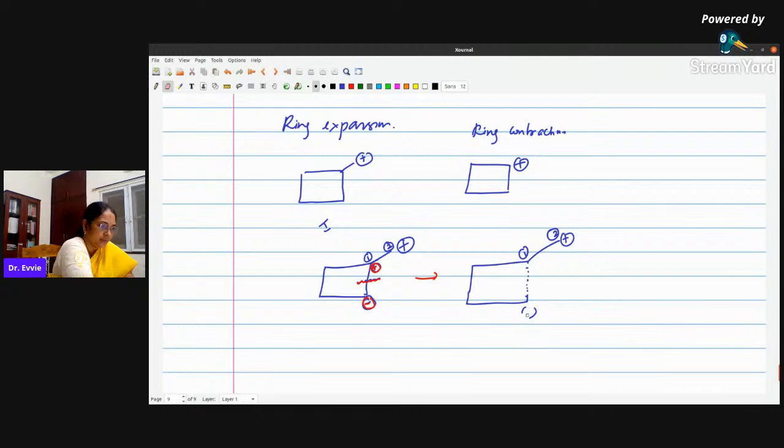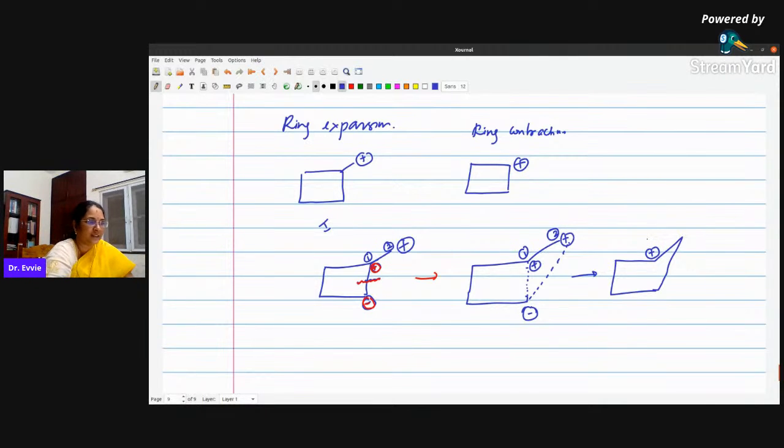So now this negative and this positive will join. As a result, the positive charge has moved to position 1. From position 2, it has come to position 1. So you will have a structure like this with a positive charge on carbon 1.